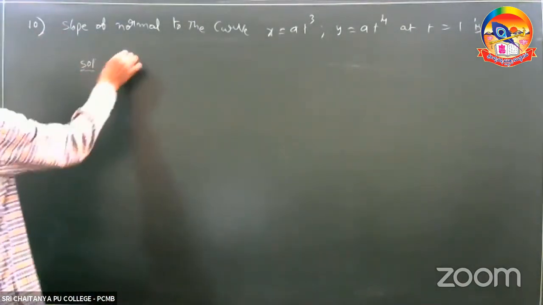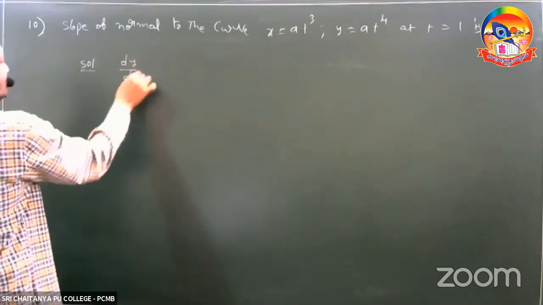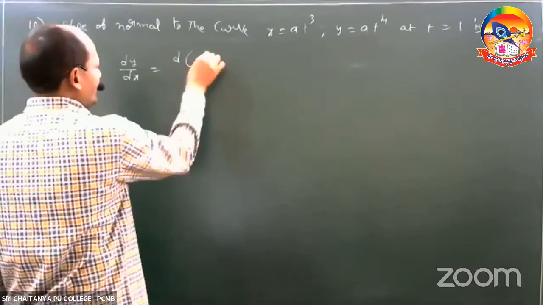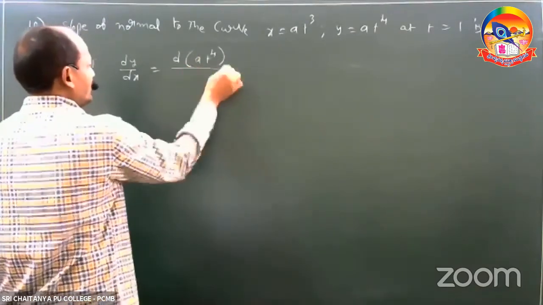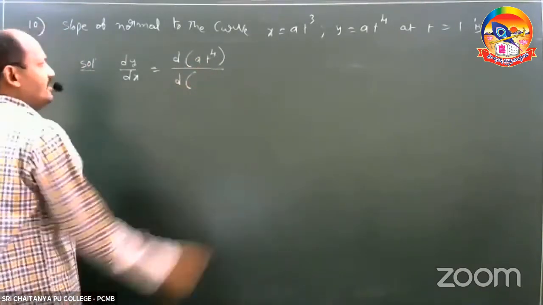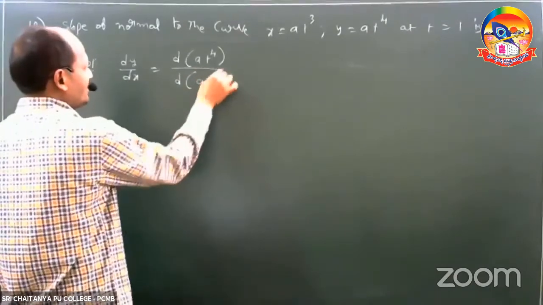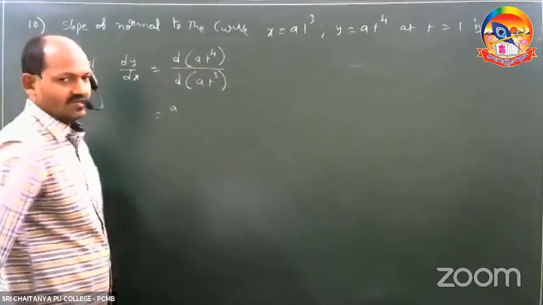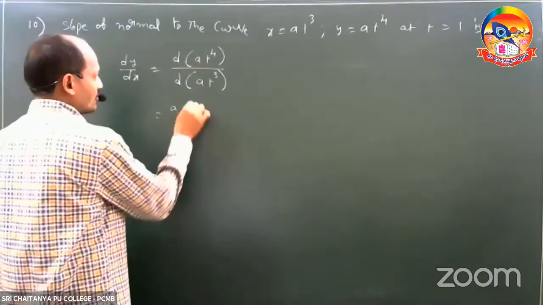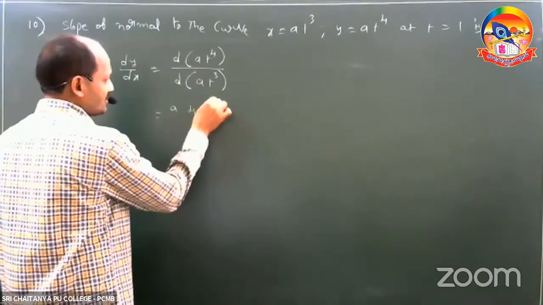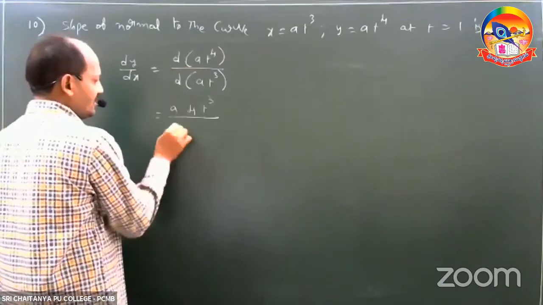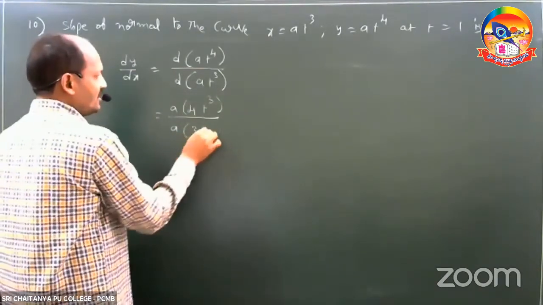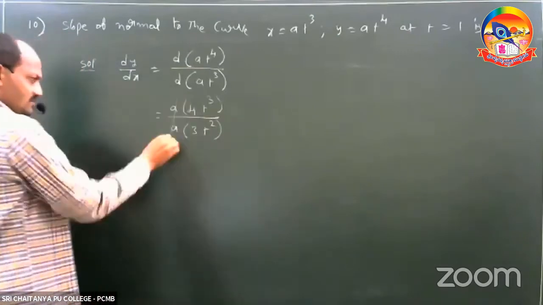Same as the previous one, dy by dx is the derivative of y, a t power 4, divided by the derivative of x, a t power 3. A is a constant, so the derivative of t power 4 is 4t power 3, divided by a into 3t square.